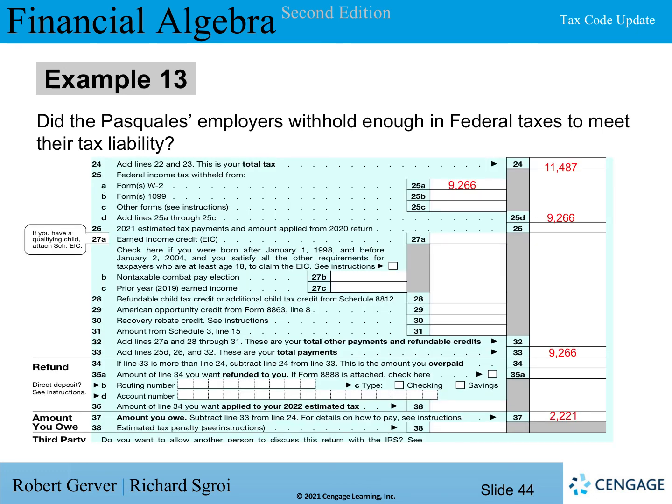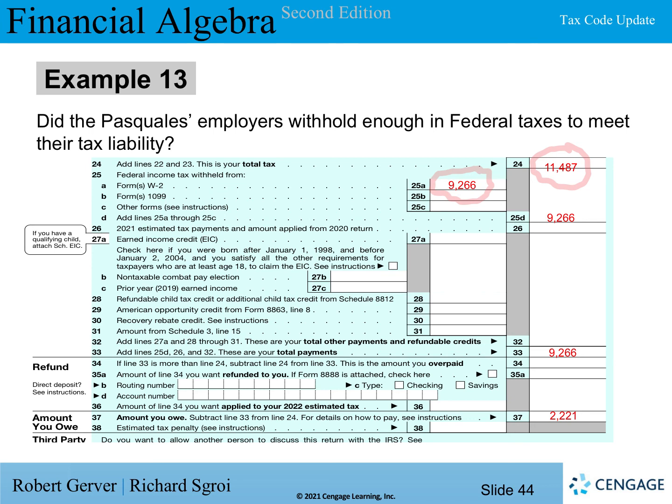All right, so now we're going to look at that, and we're going to see that from the Form W-2, they had $9,266 withheld. But remember, their total tax was $11,487. So they owe more than was withheld.